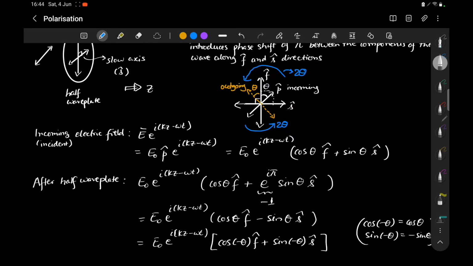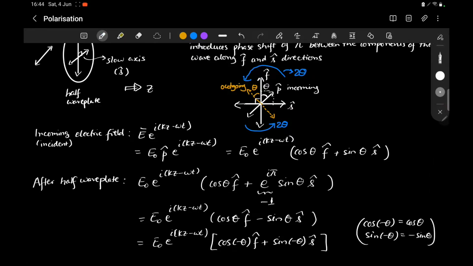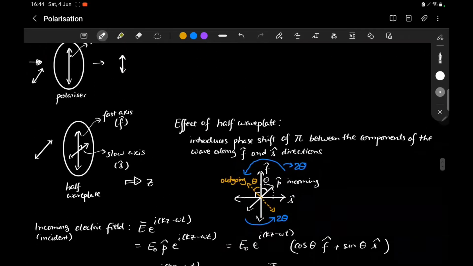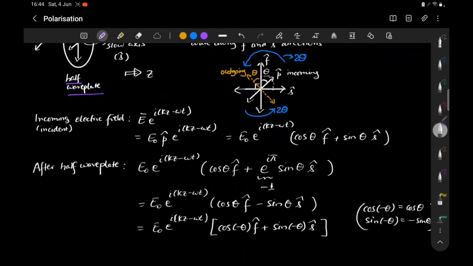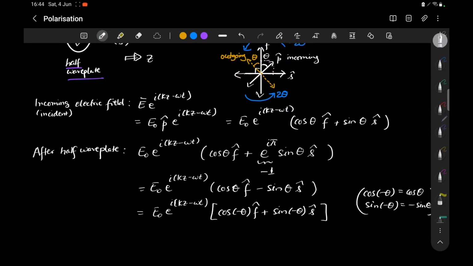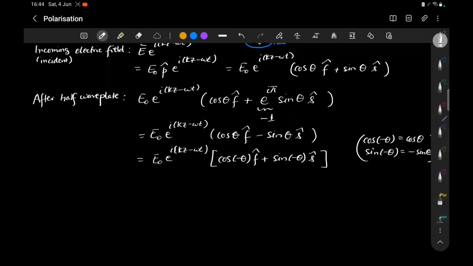Similarly, we can see for the case of quarter wave plate. So this was the case of half wave plate. First we saw polarizer, then we saw half wave plate. Now let us look at quarter wave plate. So let us say that this is the quarter wave plate.